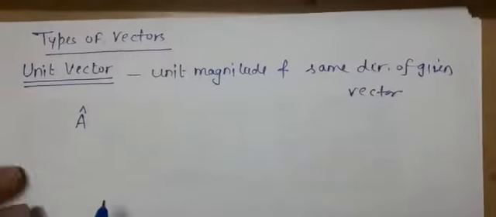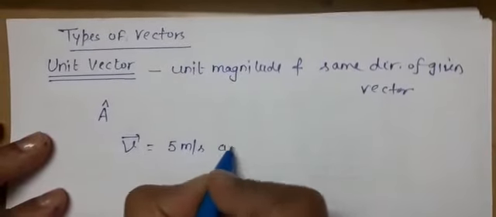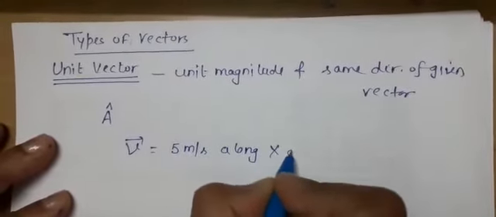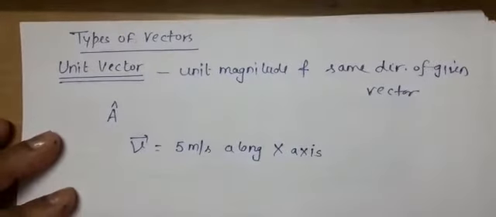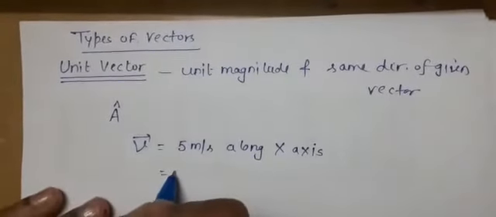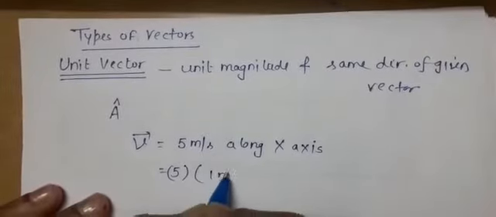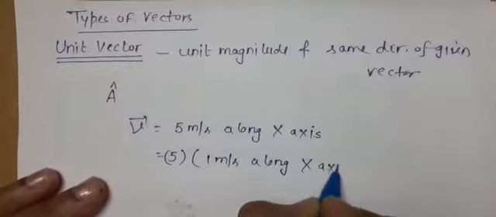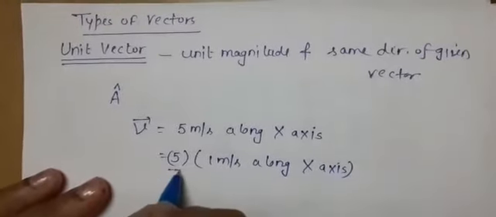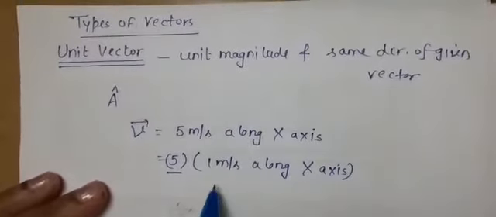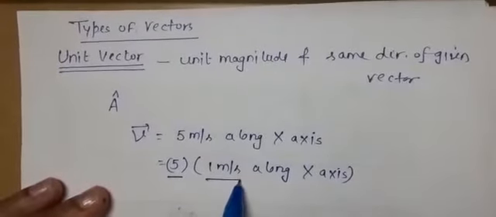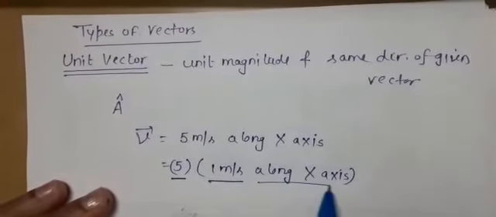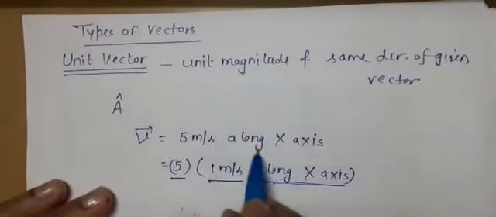To understand it, let me take one example: velocity is given as 5 meters per second along the x-axis. If I write it as 5 into 1 meter per second along the x-axis, 5 is the numerical value, and 1 meter per second is the unit velocity, having the same direction as the above direction.